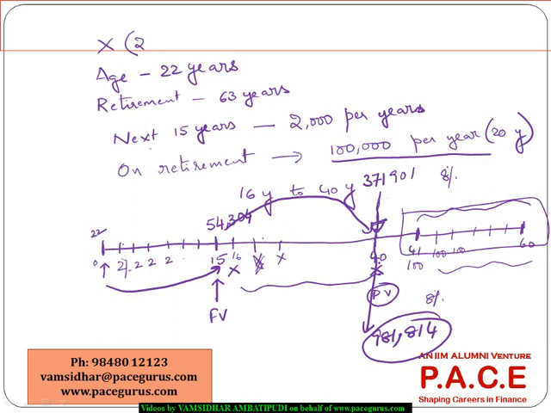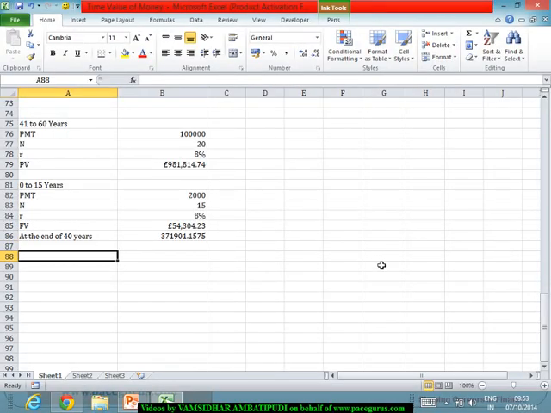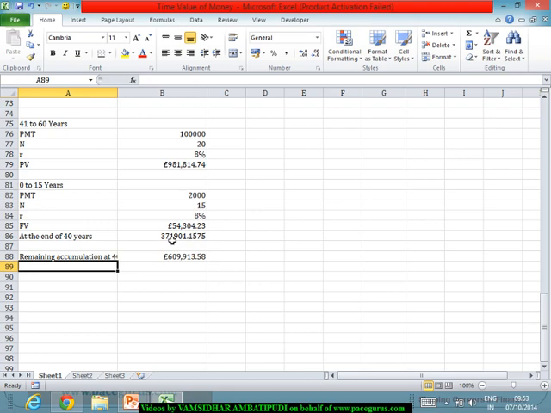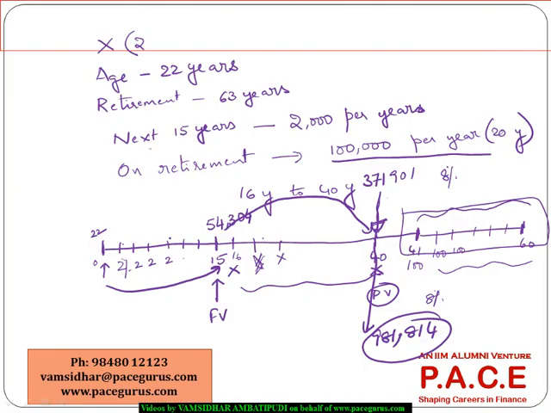which means whatever is the remaining contribution, the remaining amount, the remaining accumulation at the end of 40 years, what is that remaining that needs to be accumulated? I need to accumulate still around 609,000 at the end of 40 years.